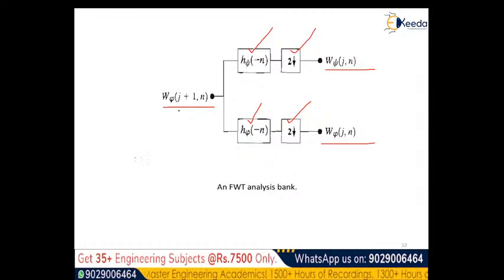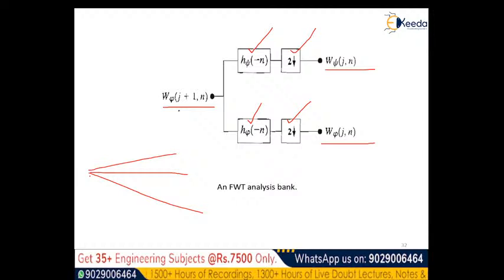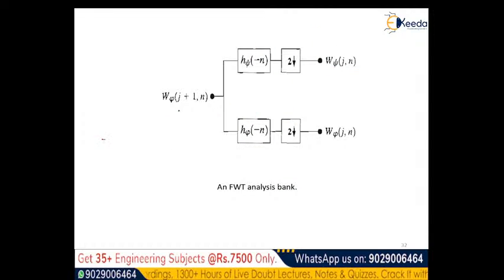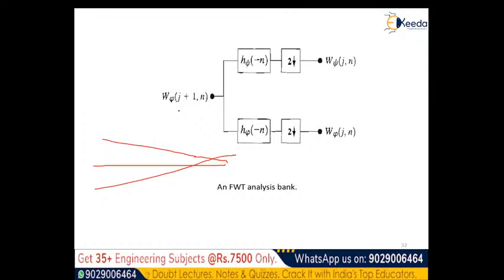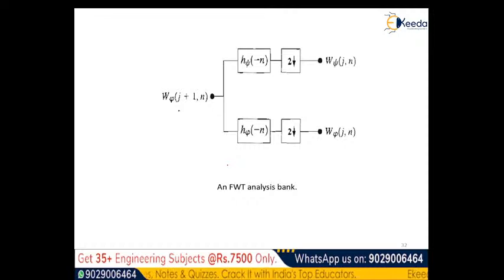So for the analysis filter bank we always have a function split into multiple representations here, whereas in the synthesis filter bank we have the multiple representations combined to a composite representation here.